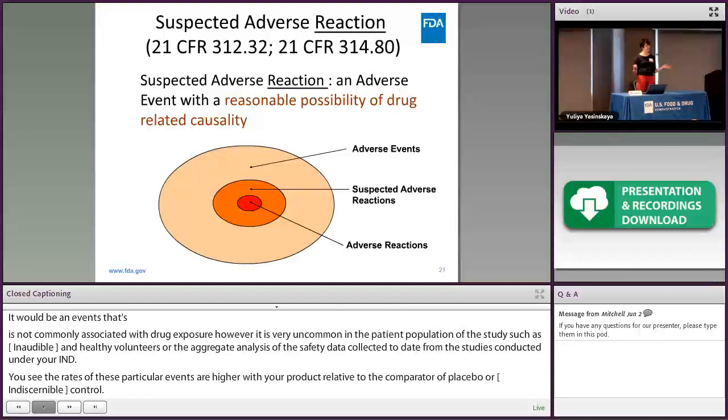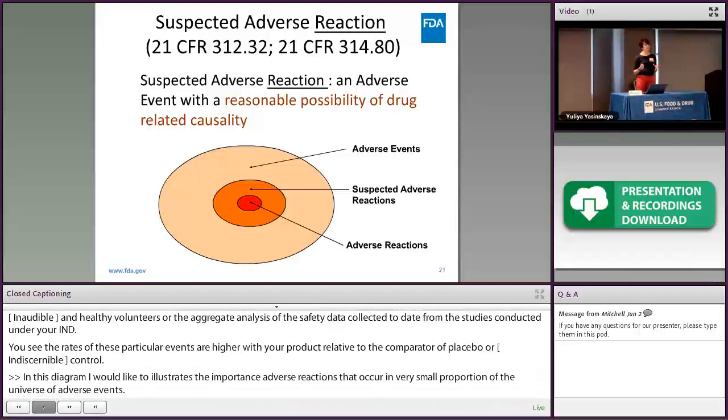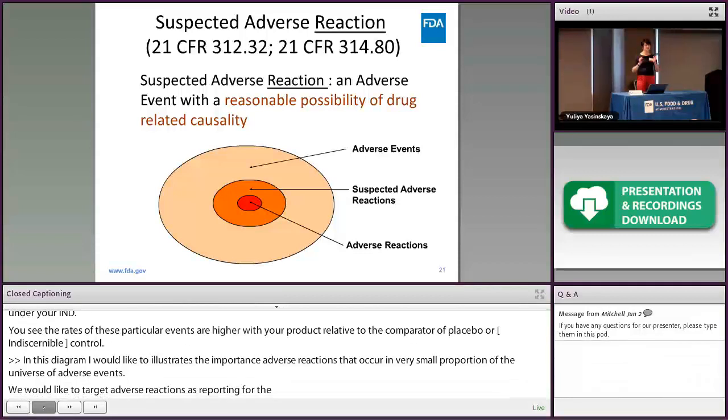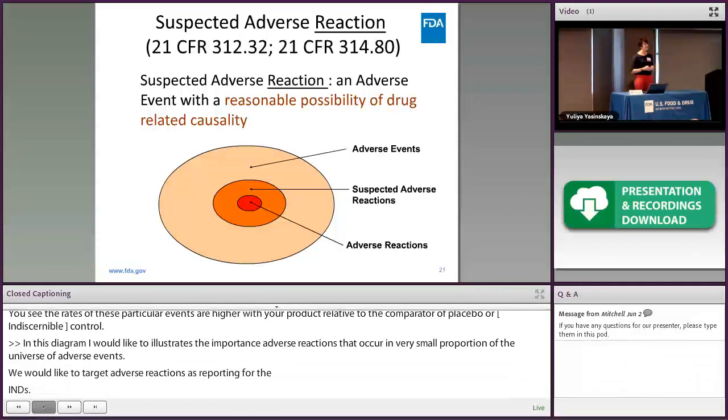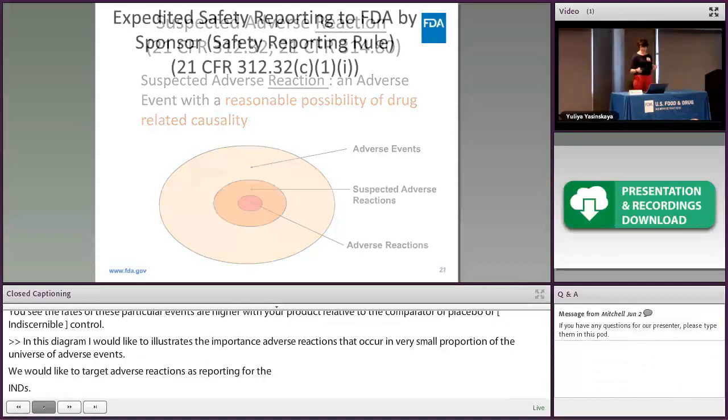We would like to target adverse reactions as reporting for the INDs. However, in a real-life scenario, it's very difficult to say with 100% certainty that this event was for sure associated with this drug. But for reporting purposes we aim to look into suspected adverse reactions, where there's a reasonable possibility of drug-related causality. So that's what we want you to report.